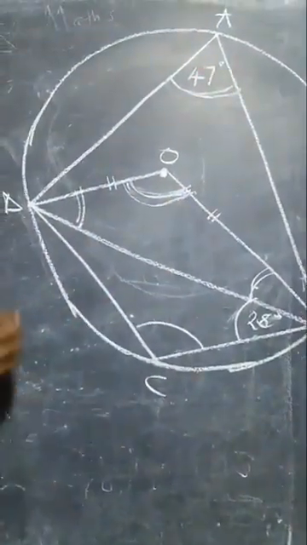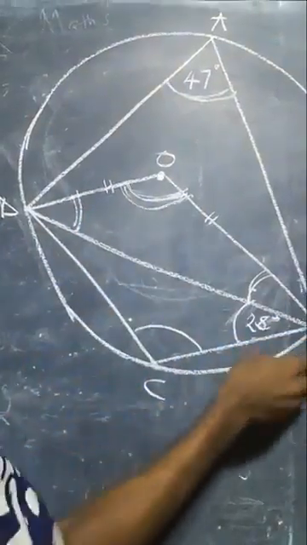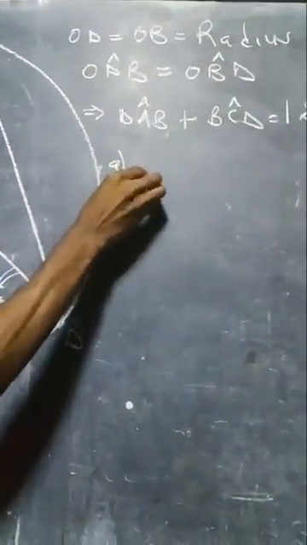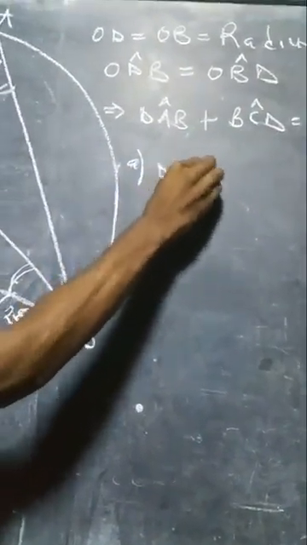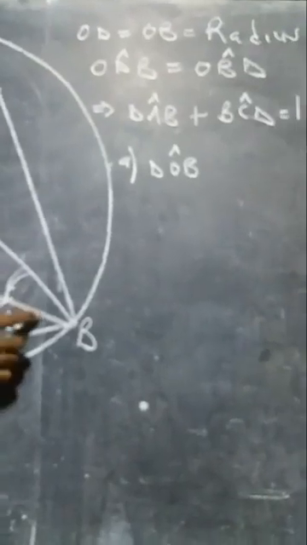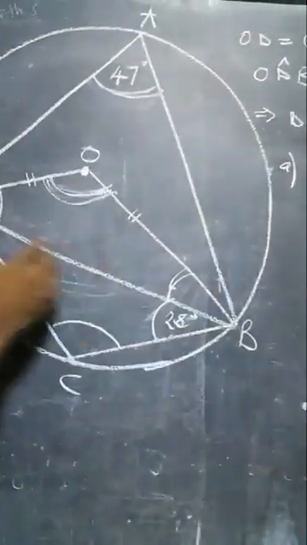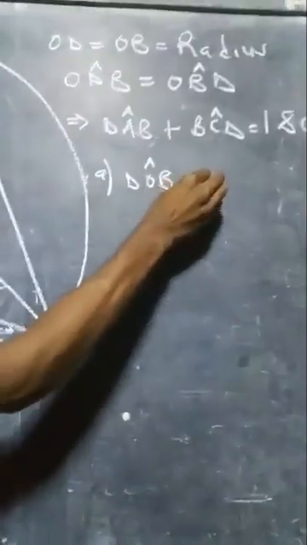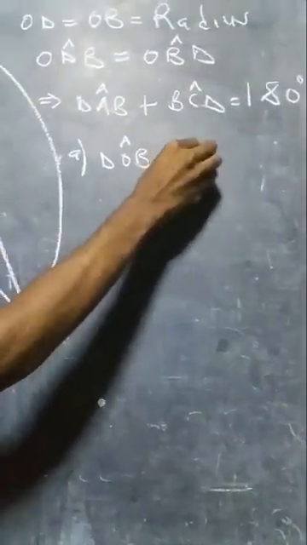So finding angle DOB. Let's now start finding some of the angles. DOB is twice DAB.